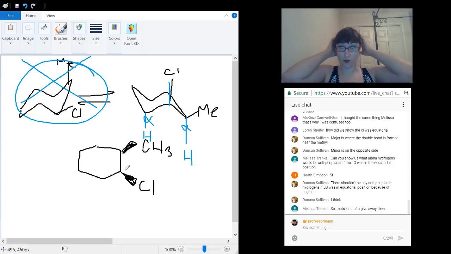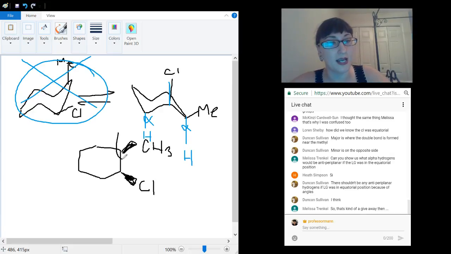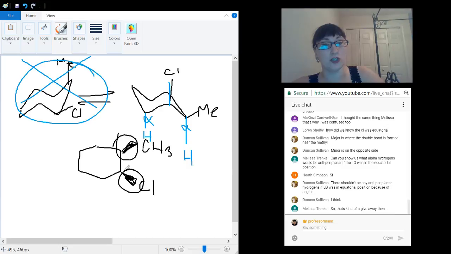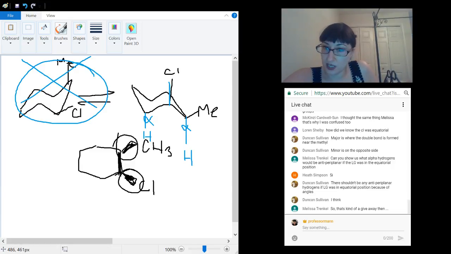That's just how chair conformations work. You just have to know that the big wedge lines mean pointing up, and as long as you have your chair conformation with both groups pointing up, right next to each other on carbons 1 and 2, you'll get that correct.